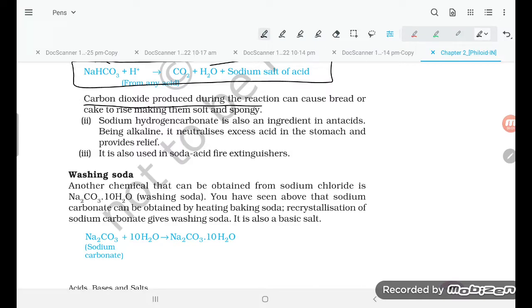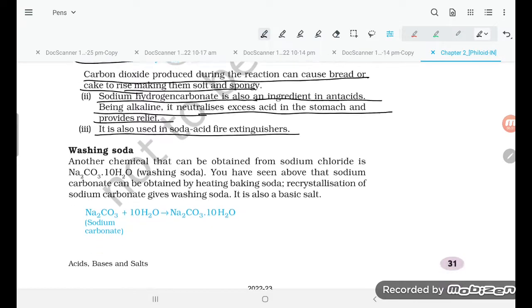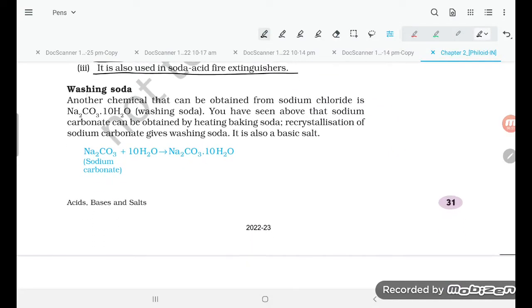Carbon dioxide produced during the reaction can cause bread or cake to rise, making them soft and spongy. Sodium hydrogen carbonate is also an ingredient in antacids. Being alkaline, it neutralizes excess acid in the stomach and provides relief. It is also used in the soda-acid fire extinguisher.